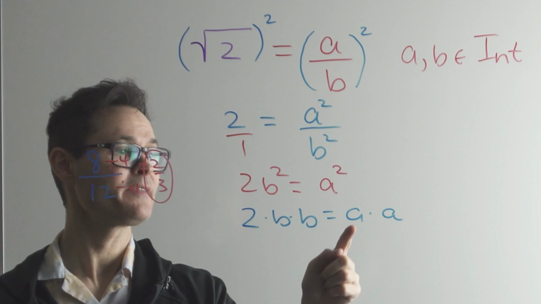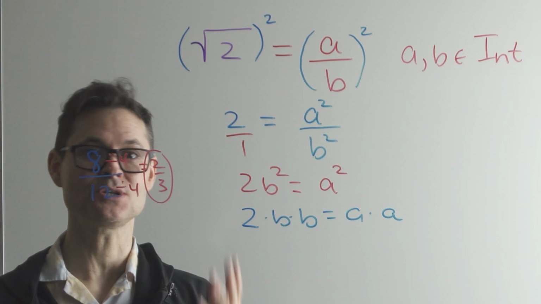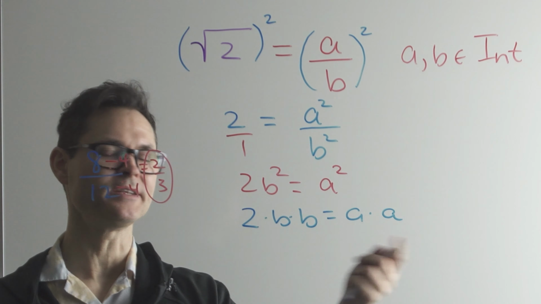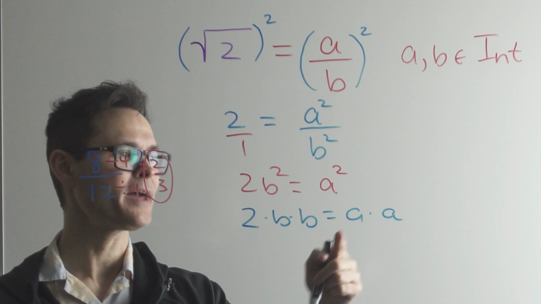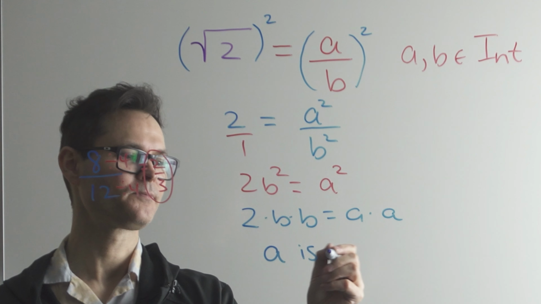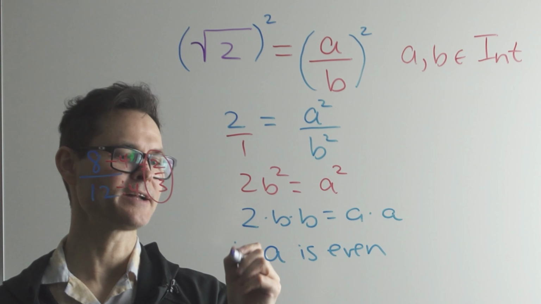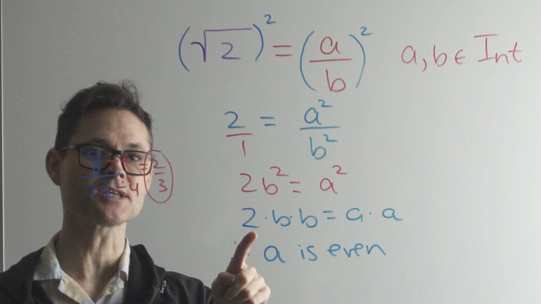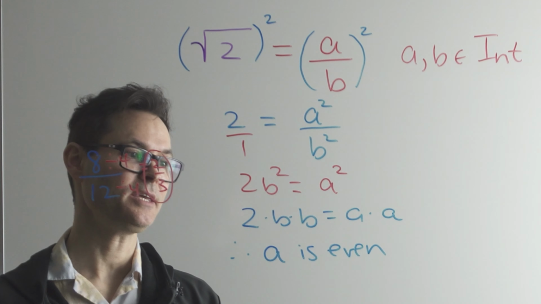It just does. That means one of the a's has to have a 2 in it. So therefore, well, not just one. If one does, they both do, right? So what that means is that a is even. Okay, that's our first sort of deduction. a must be even. If there's a 2 on this side, then a has to be even.